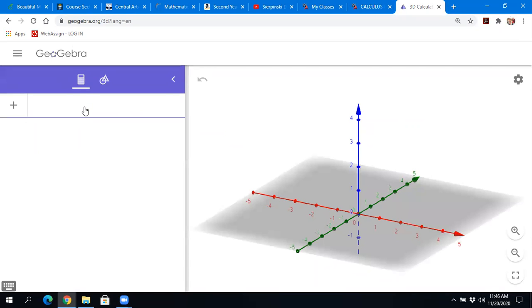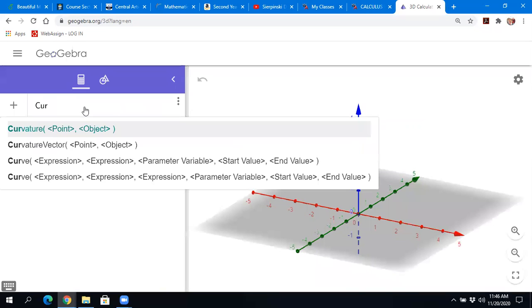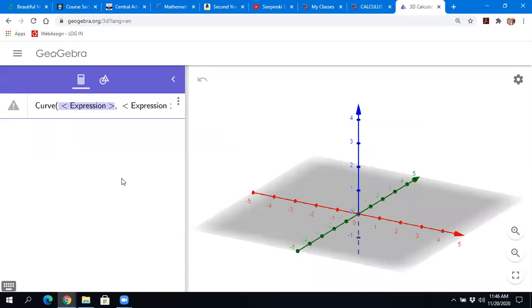Okay, so if you make a curve, you can go curve like this, and then you just select the appropriate thing, and it'll sketch space curves for you. Suppose x is 2 minus t, and y is 3 plus t squared, and z is 5t minus 6t squared or something.